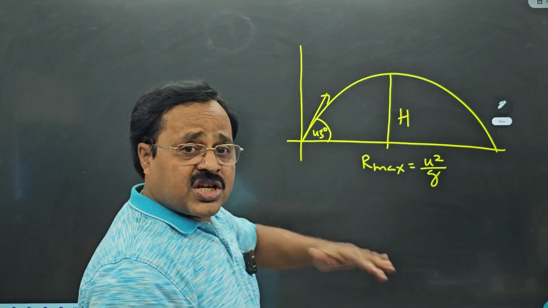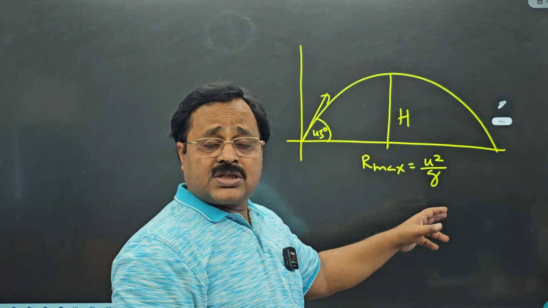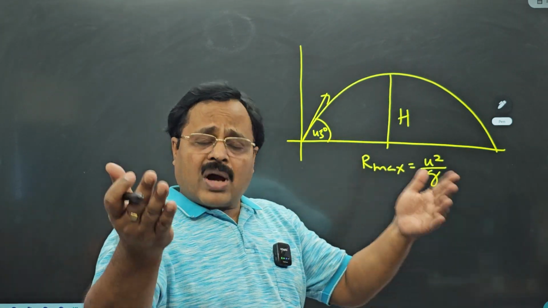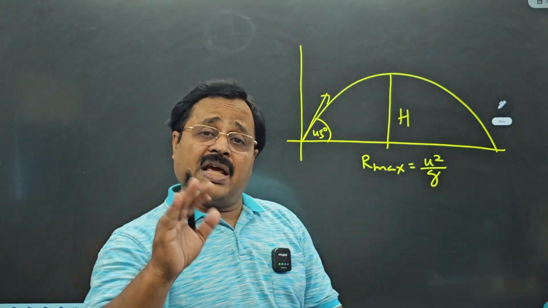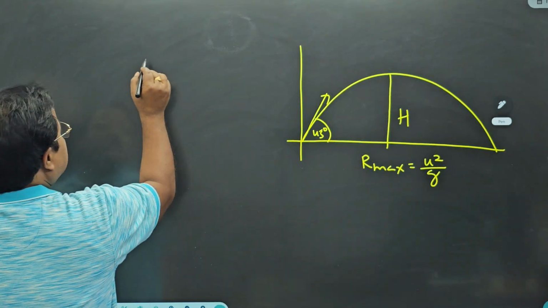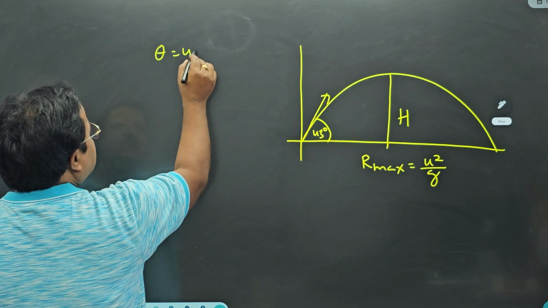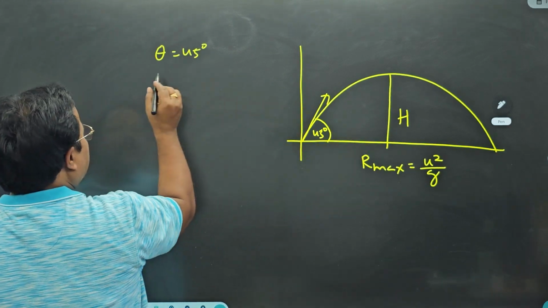Now we have to find the relationship between height and maximum range. What is the relationship between height and range when range is maximum? Range is maximum when the angle of projection is 45 degrees, which I had already explained.